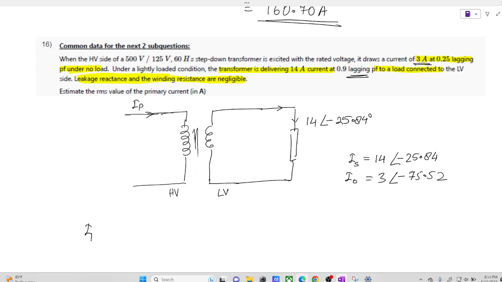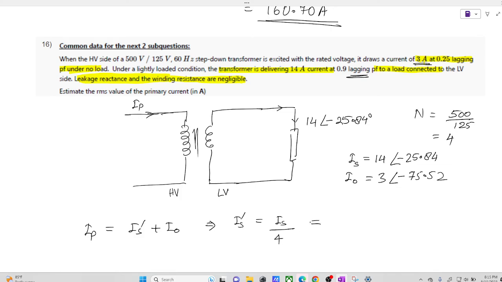IP will be equal to IS dash, the referred current on the high voltage side, plus the no load current. IS dash will be IS divided by the turns ratio. The turns ratio N is equal to 500 by 125, that is 4.